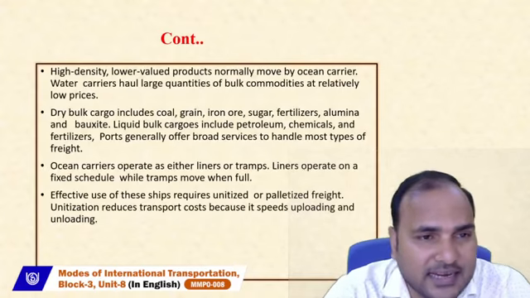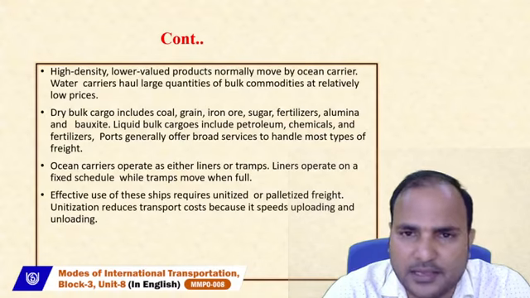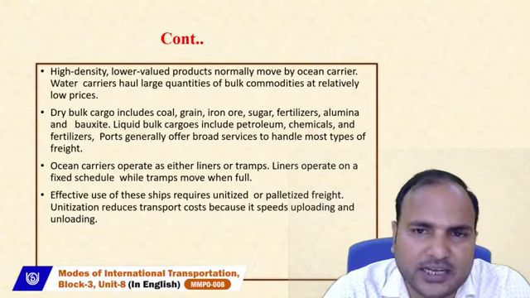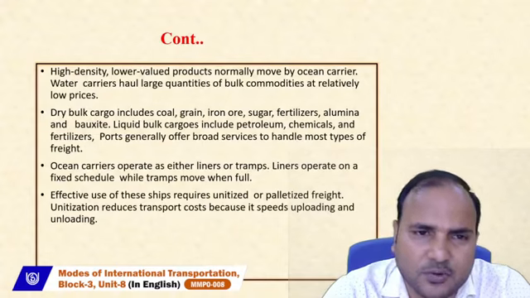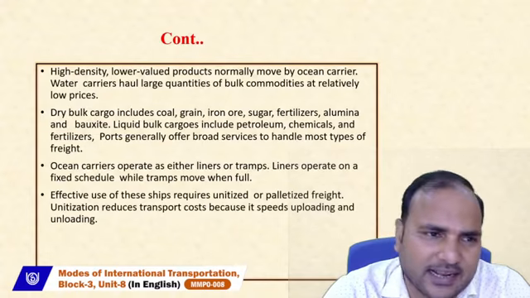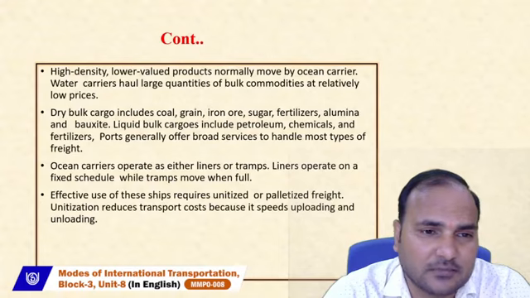High density, lower valued products are normally moved by ocean carriers. Water carriers move large quantities of bulk commodities at relatively low prices, whereas in other modes, the price is high.